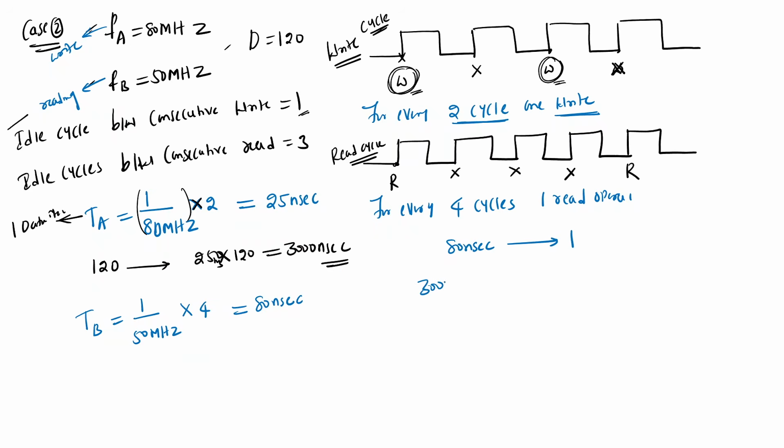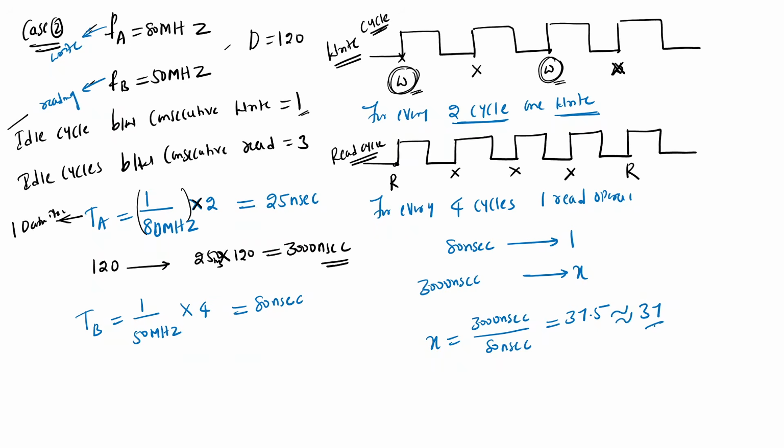For 3000 nanoseconds, how much? 3000 nanoseconds by 80 nanoseconds, how much will you get? 37.5. You can approximate the data items to 37.